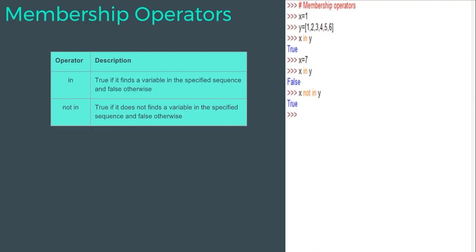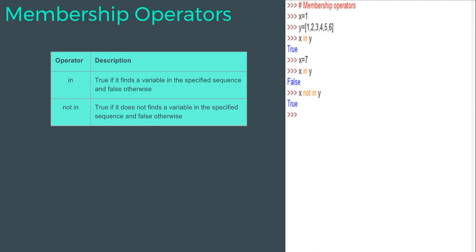In the not in operator, the value is true if it does not find the variable in the specified sequence and false otherwise. Let's take an example in IDLE shell of the membership operator. x is equal to 1 and y is equal to the list of numbers 1, 2, 3, 4, 5 and 6.